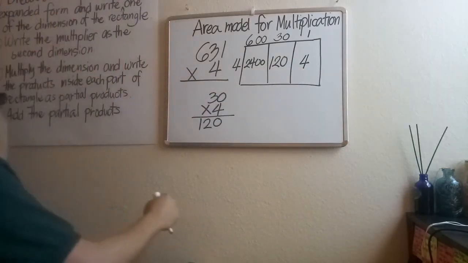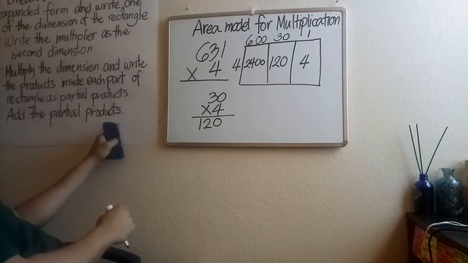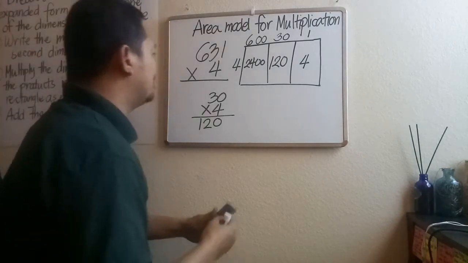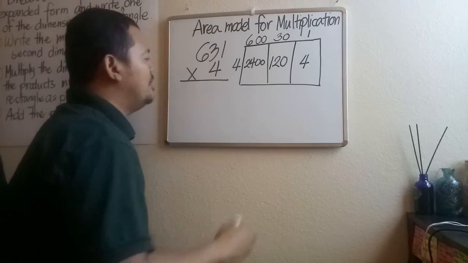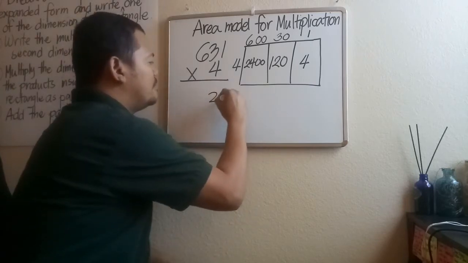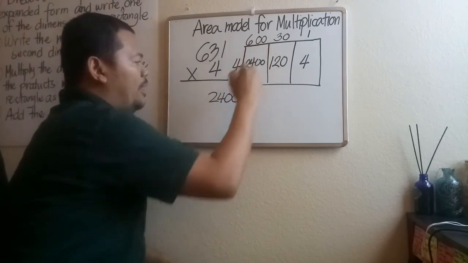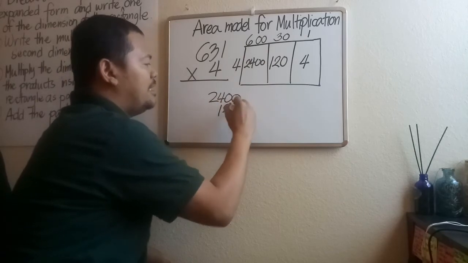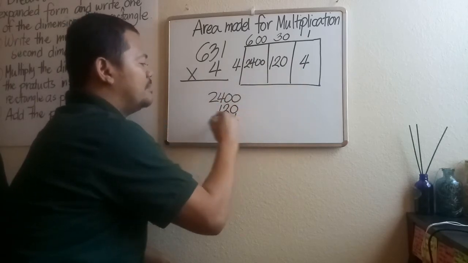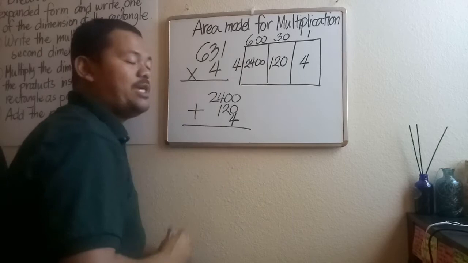Next, when you find out your partial products, add the partial products all together. Okay? So, we got there 2,400, 120, and 4. Add them all together.